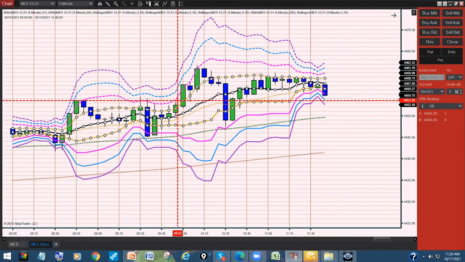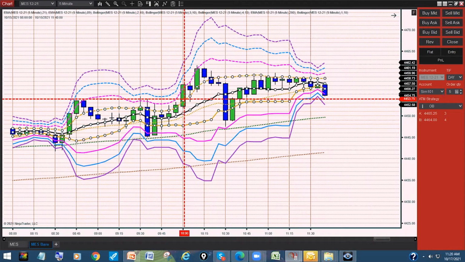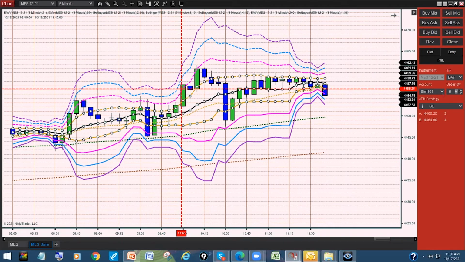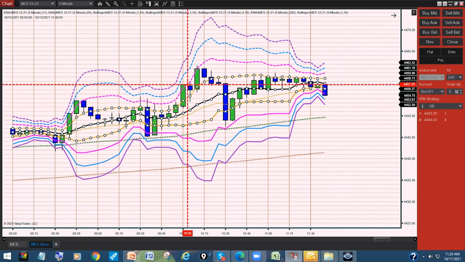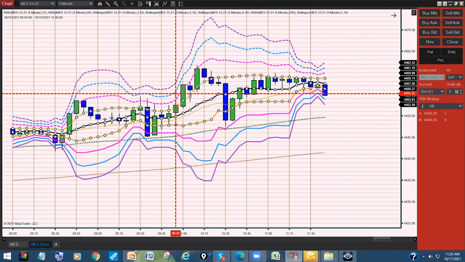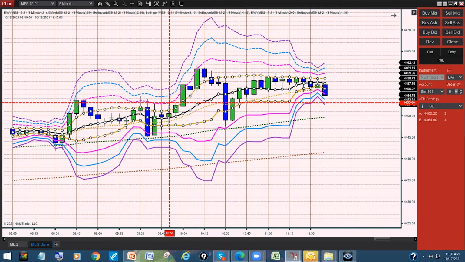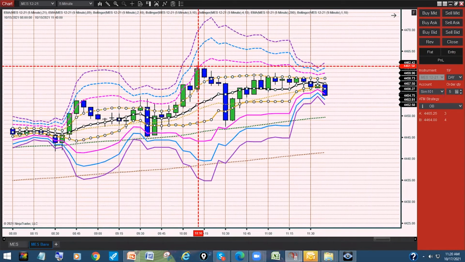I'm in, but I think this is pretty strong, and I don't want to get out just yet, right? I think I'm going to tie my trade to one of these Bollinger Bands. And so as the market expands, your trade expands with it.